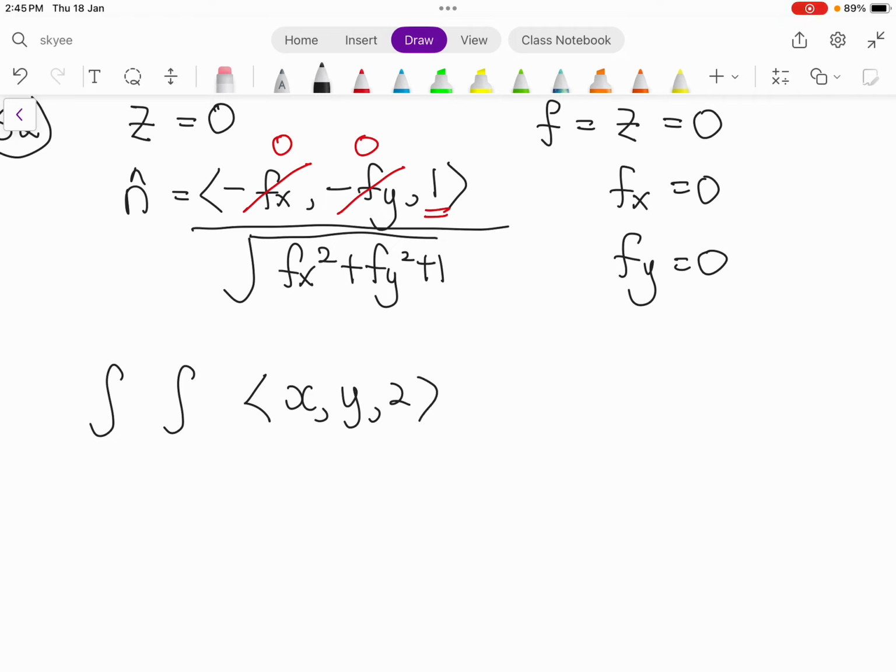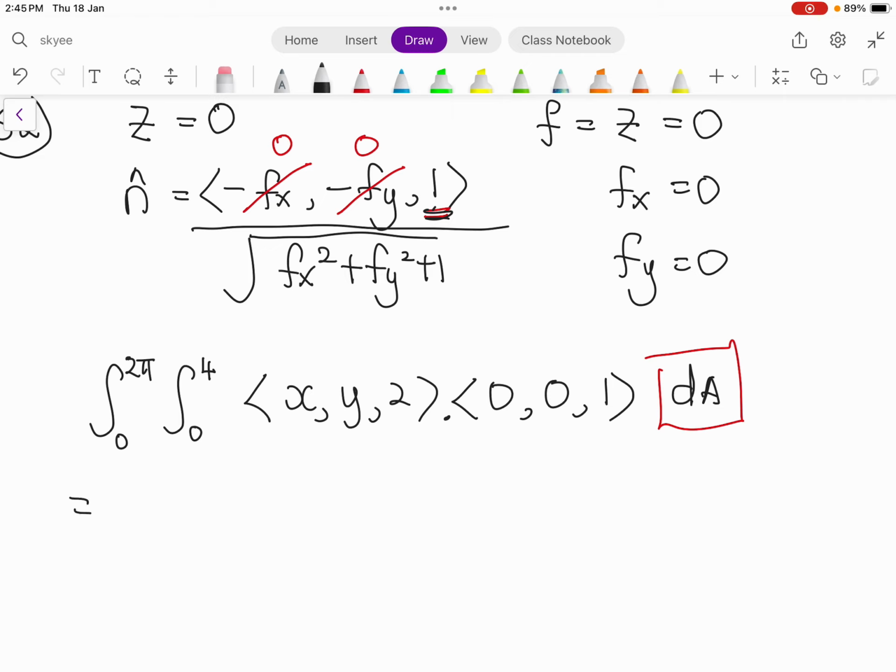Now we are left with this 1, so it becomes 0, 0, 1, dA. The dA over here is the same as the dA in surface number 1 because it is still the same circle. So we put 0 to 4, 0 to 2 pi, so you will have 0 to 2 pi, 0 to 4, then you have r dr d theta.